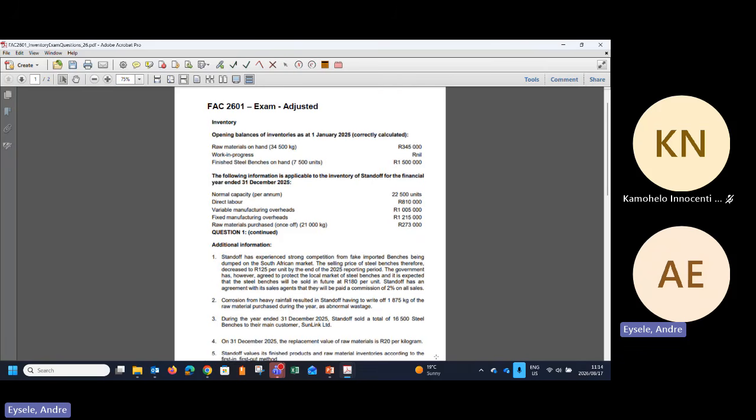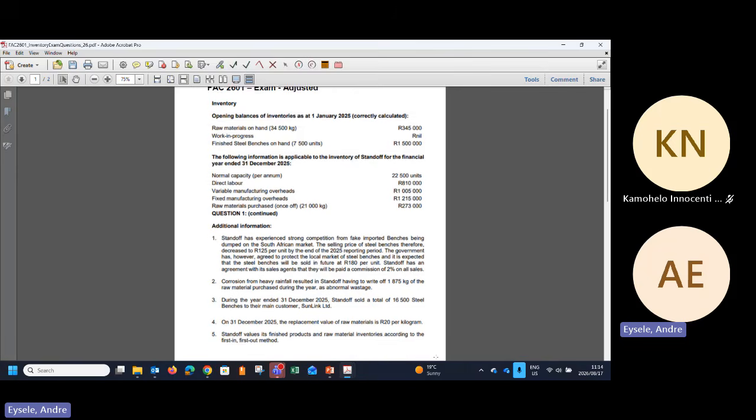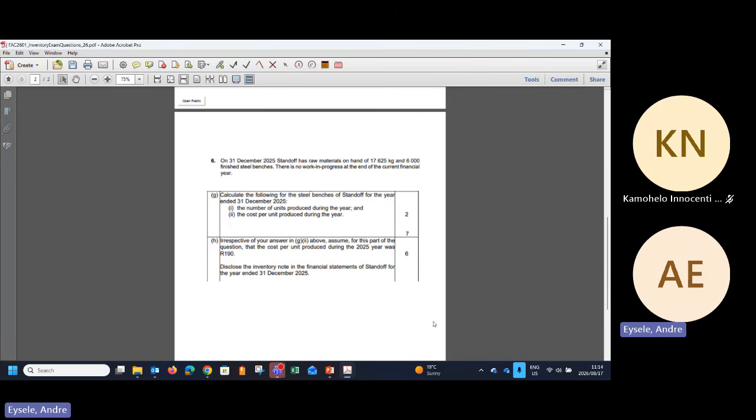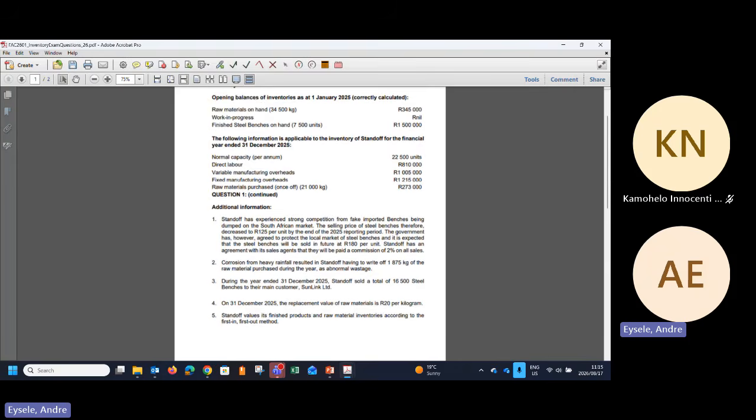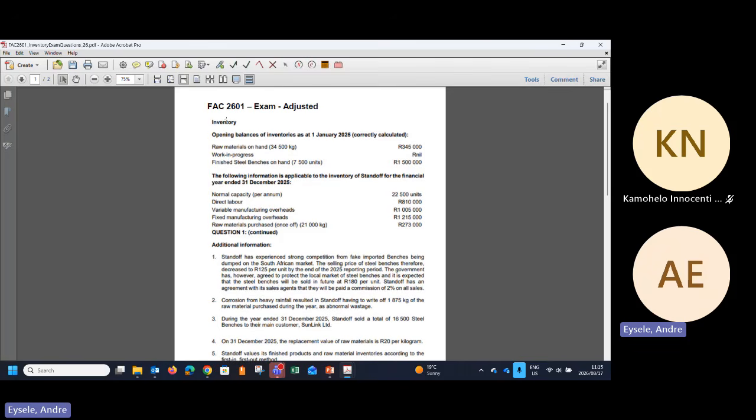If you ever get a question in the examination or in your assessments, it's important to go directly to the required, because you need to think from the start what is required of you before you get into the question. Can you see immediately we are dealing with manufacturing, exactly as I explained. So I'm going to take the theory now and apply it practically to the question.